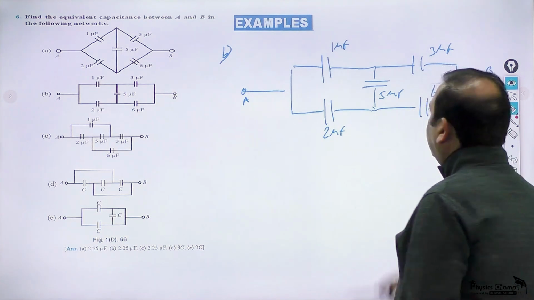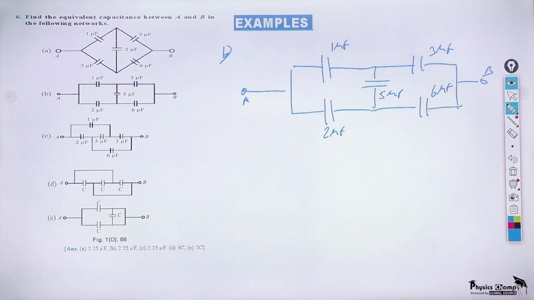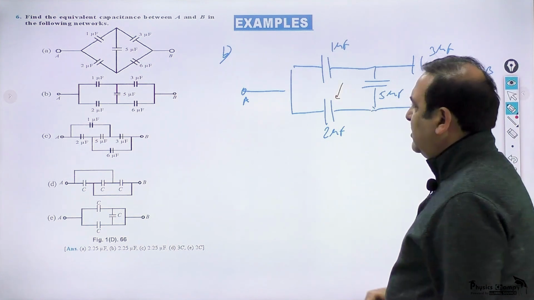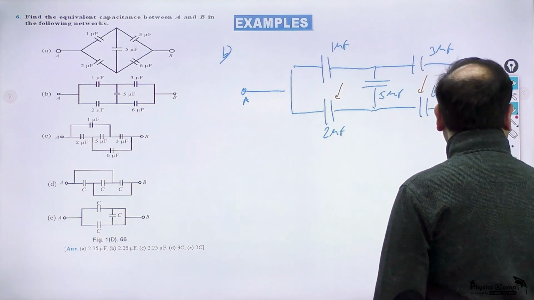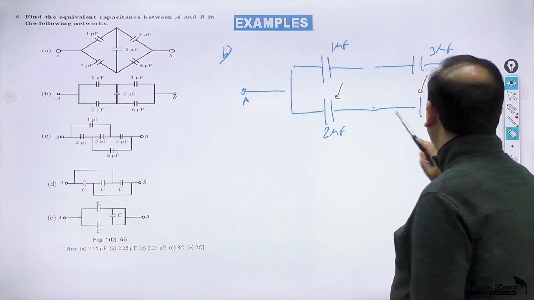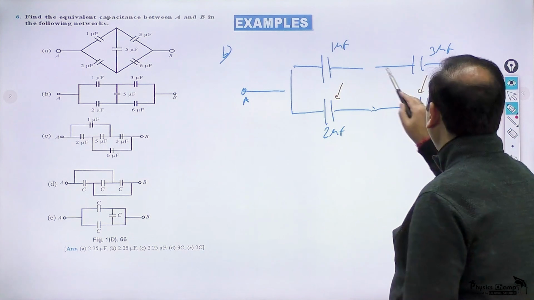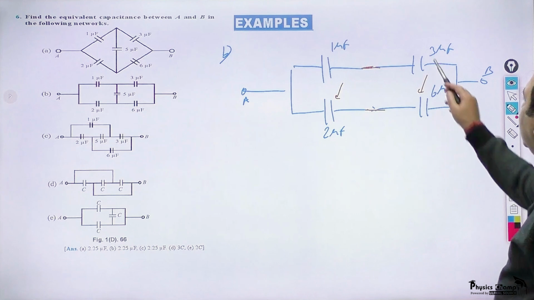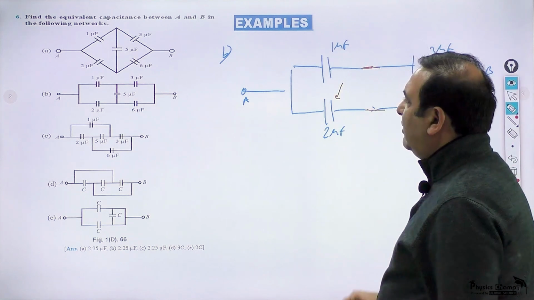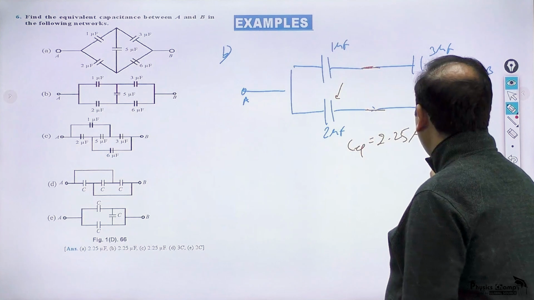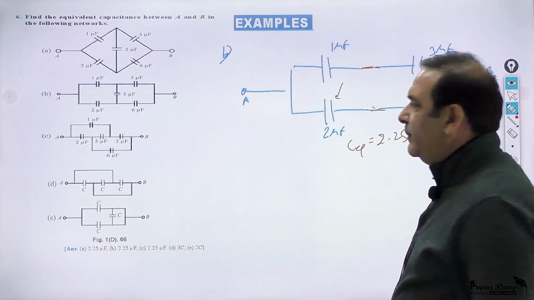This is between A and B. Here it is also exactly same. 1 by 2 is equal to 3 by 6. So what is cancelable is this 5 microfarad. You can ignore this 5 microfarad. So you are left with only 1 and 3 in series, 2 and 6 in series, and the C equivalent here will be again 2.25 microfarad like we have done earlier.